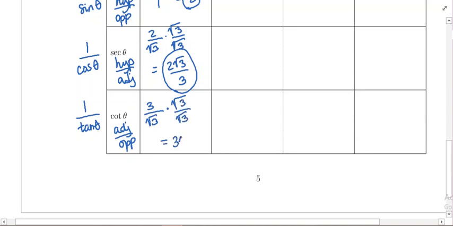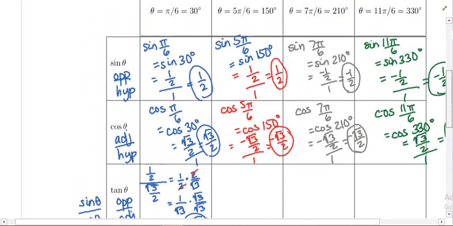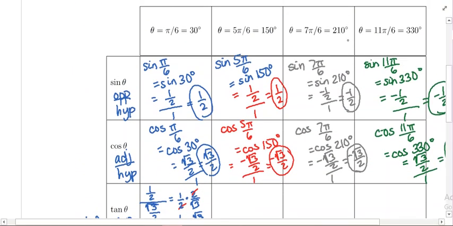This is going to be 3 square root of 3 over 3, and then the 3's cancel. So the cotangent of 30 degrees, or the cotangent of pi over 6, is the square root of 3. Done. You would do the same thing for the remaining 3 angles on here. You would just compute the tangent, the cosecant, the secant, and the cotangent using your sines and cosines.